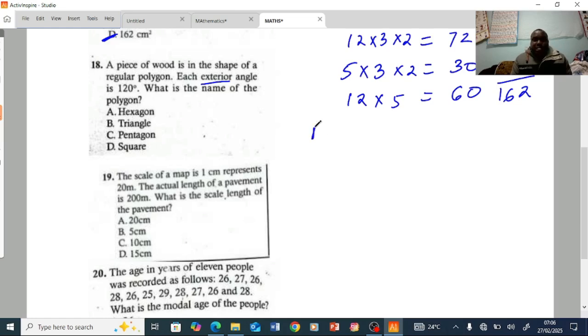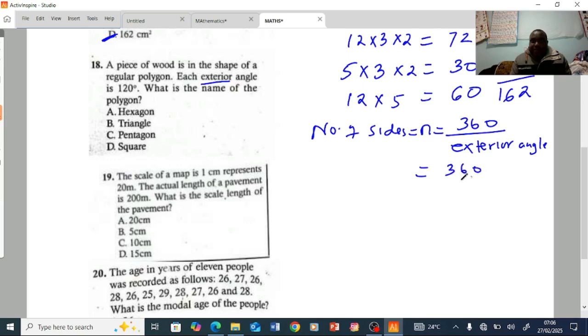Number of sides, which is equal to n, will be equal to 360 divided by the exterior angle. Now 360 divided by 120, we have 3. Right?